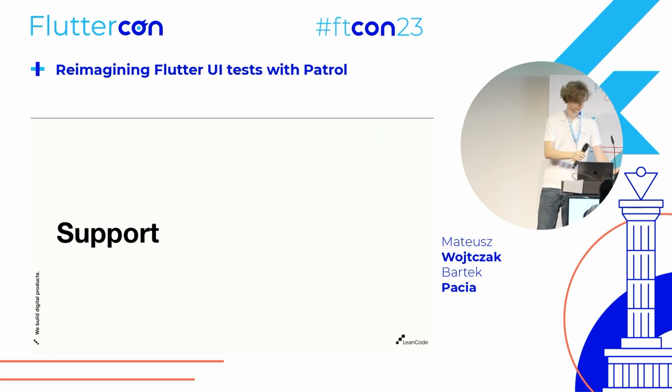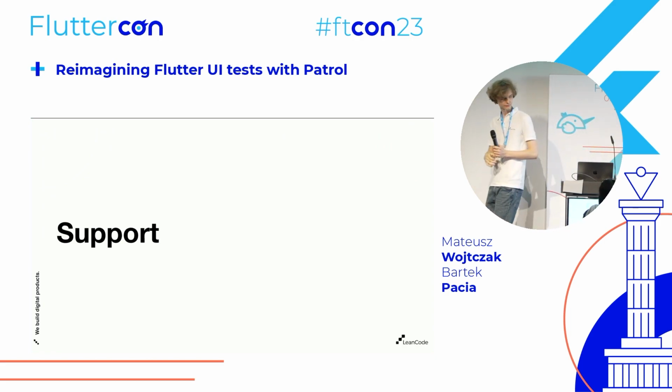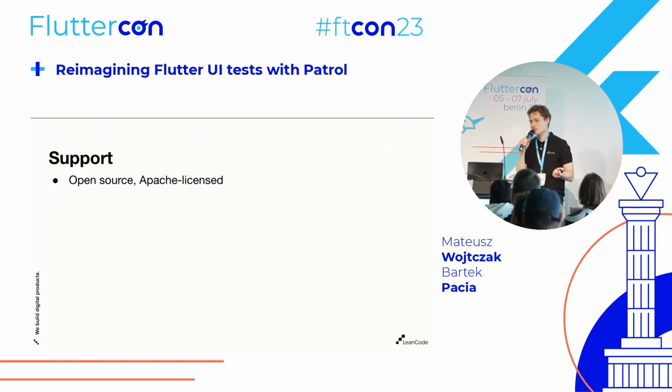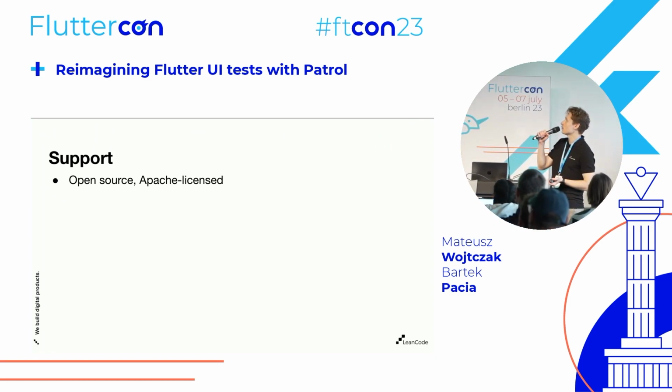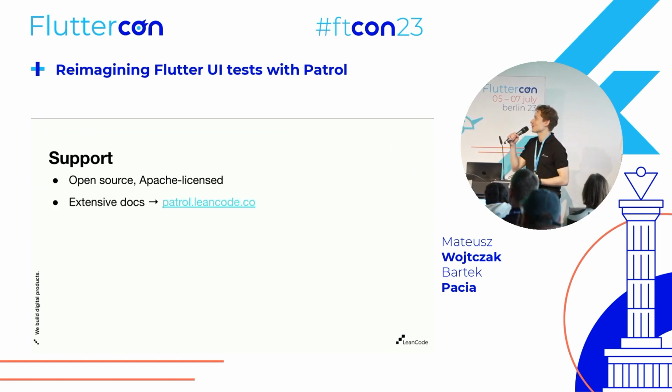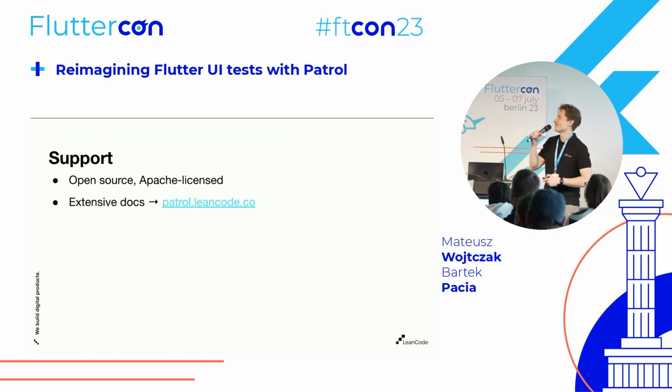So let's talk about support. Patrol is an open source framework under the Apache license, so you can just use it, fork it, and do whatever you want. We have what we call extensive docs, but I don't know if that's true. It's at patrol.leancode.co.